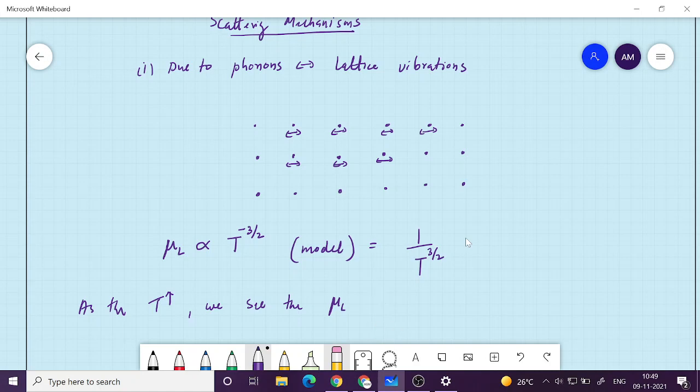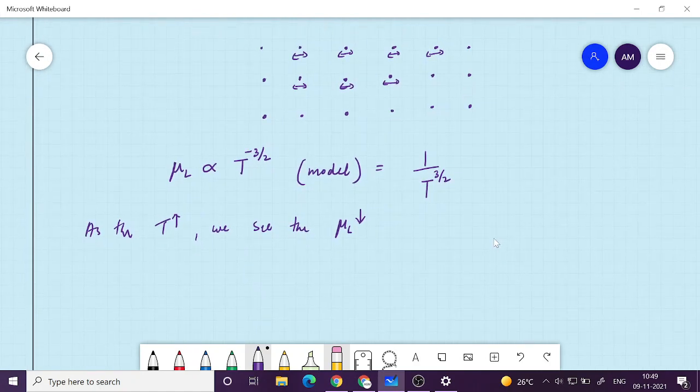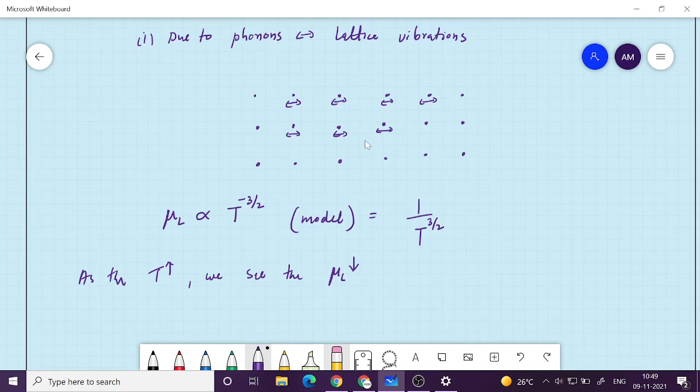So mobility decreases means the speed of the electrons, the drift velocity that we calculated earlier, will be less. And why does that happen? Because these vibrations will obstruct the motion.